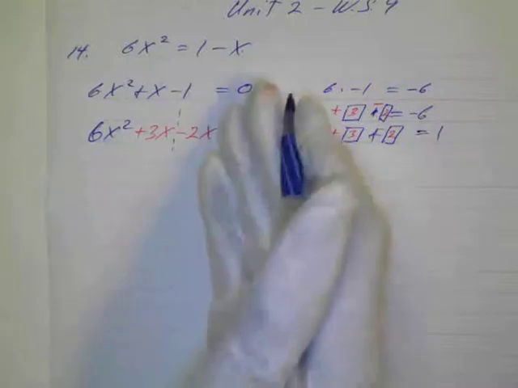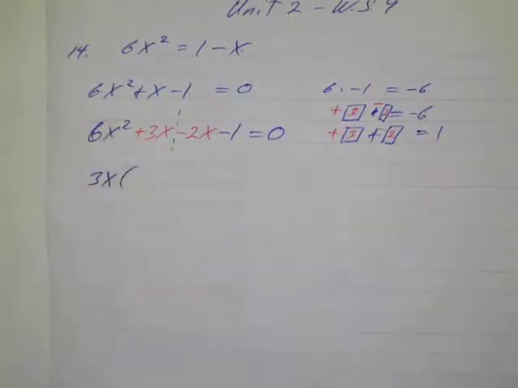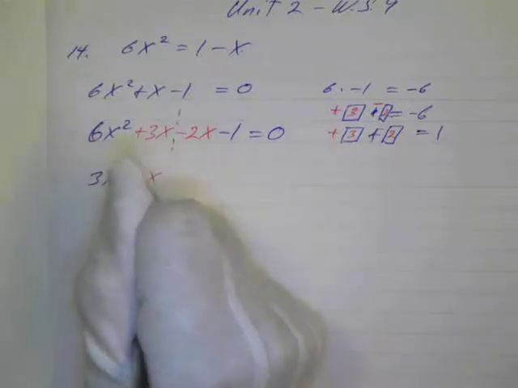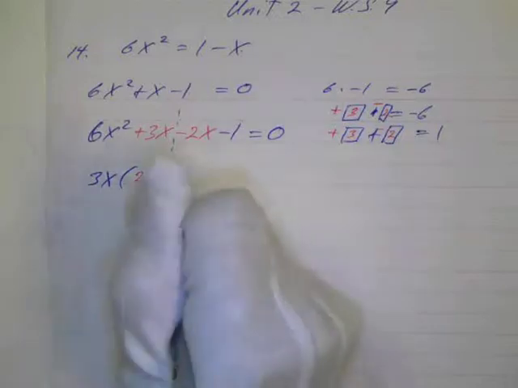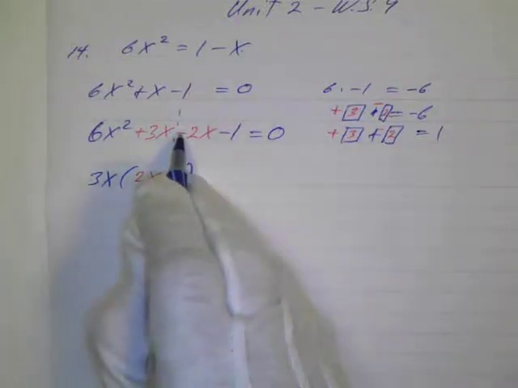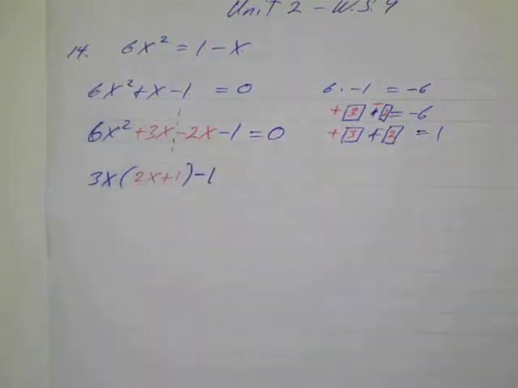I can factor out of these two terms a 3x, so I've got 3x, and what's left is 2x plus 1. And then out of these two terms, I'll factor out, and we always factor out the leading sign, so it's negative. And I'll just take out a 1. And if I take out that, I've got what's left.